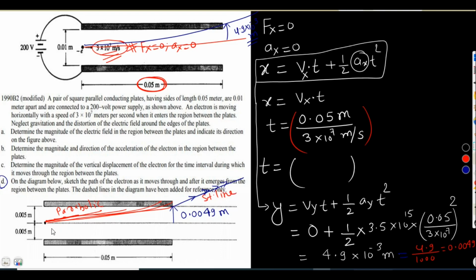Why? Because here we have acceleration in the y direction. y is equal to uy t plus half of ay t square, so there will be a t square term. So its path will be parabolic inside the plate, between the plates. After that it will go in a straight line. So it completes our question here.